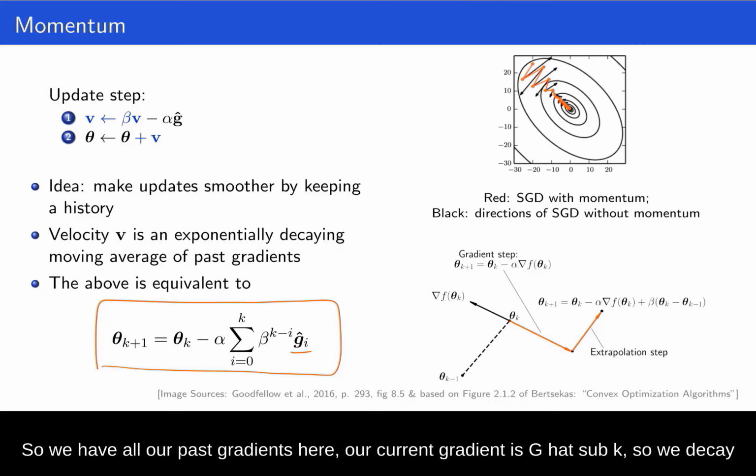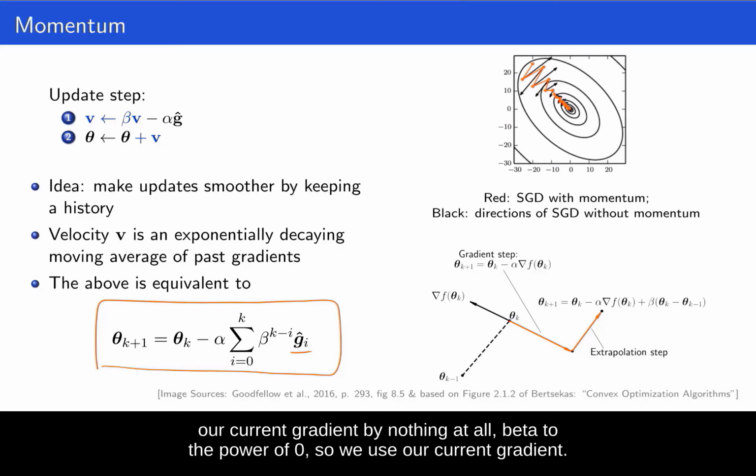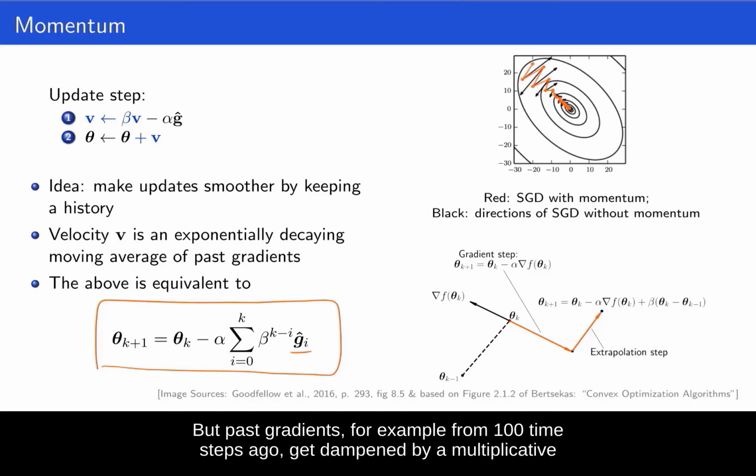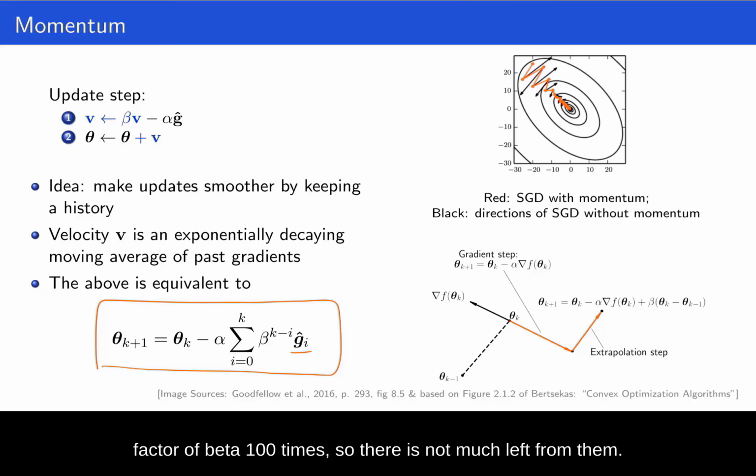Our current gradient is g hat sub k. We decay our current gradient by nothing at all, beta to the power of 0. So we use our current gradient. But past gradients, for example from 100 time steps ago, get dampened by a multiplicative factor of beta 100 times. So there's not much left from them.